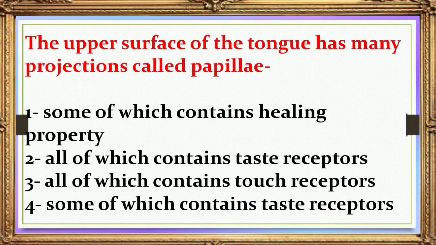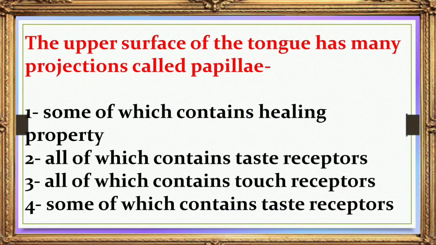Next question. The upper surface of the tongue has many projections called papillae. First, some of which contains healing property. Second, all of which contains taste receptors. Third, all of which contains touch receptors. Or fourth, some of which contains taste receptors.